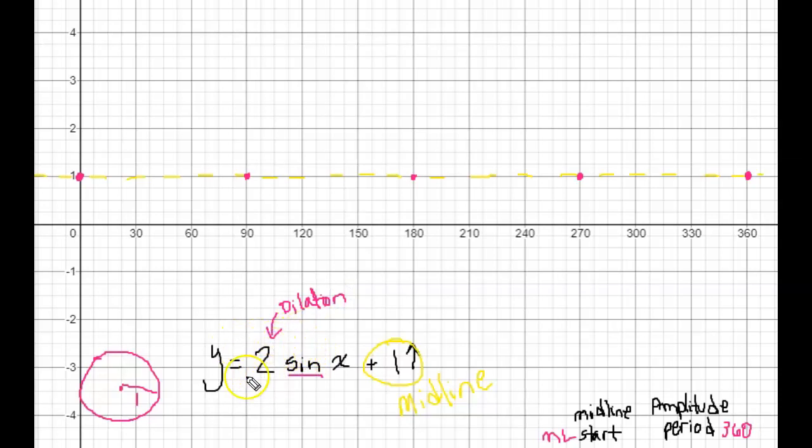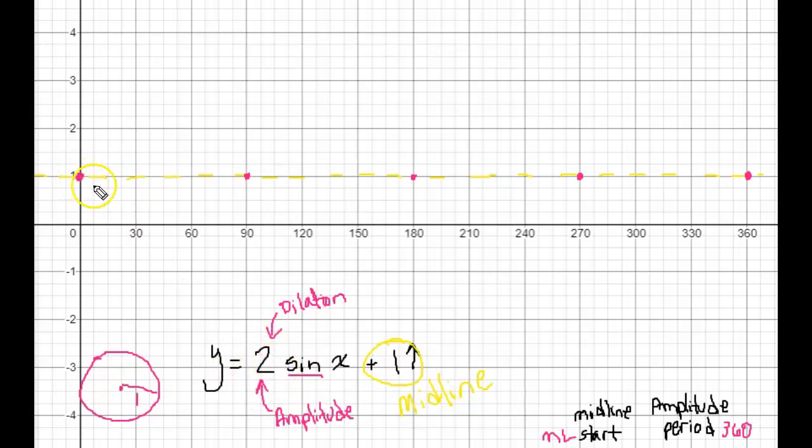Because this number is a dilation, this number out here becomes our amplitude. When I'm looking at these equations, if there's anything added or subtracted out here, that's changing where my midline goes. Any number being multiplied out here is changing the radius of my circle.